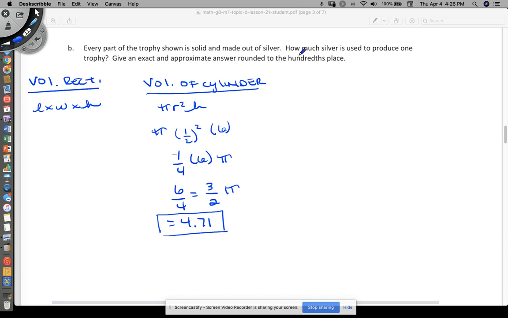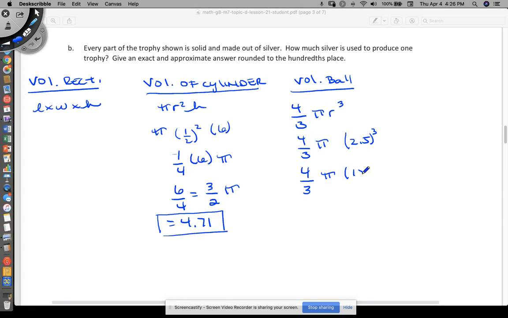All right, now let's look for the ball or the sphere. I'll just say ball for right now. That's going to give me 4/3 pi r cubed. So 4/3 pi times 2.5 cubed. Well, if you cube 2.5, you're going to get 15.625.